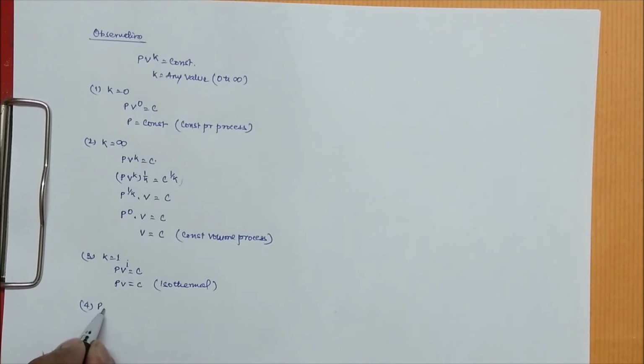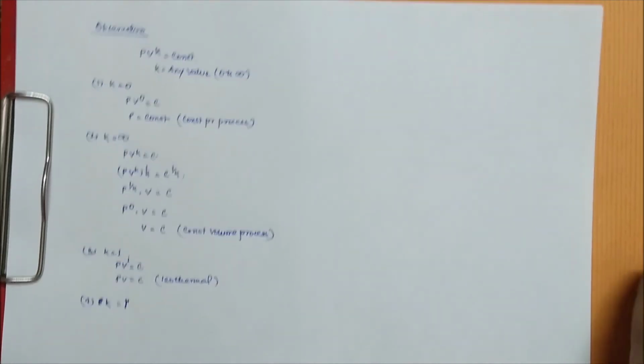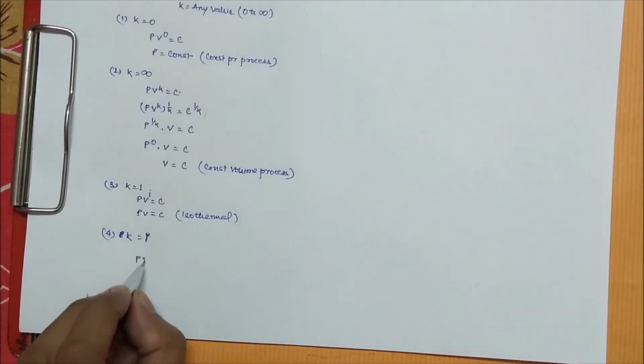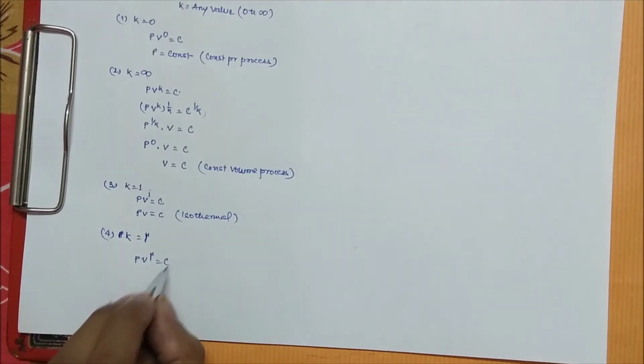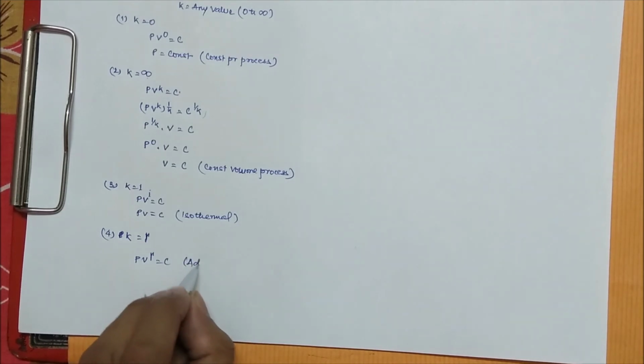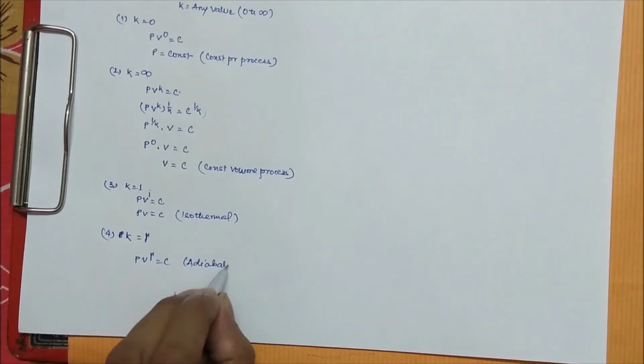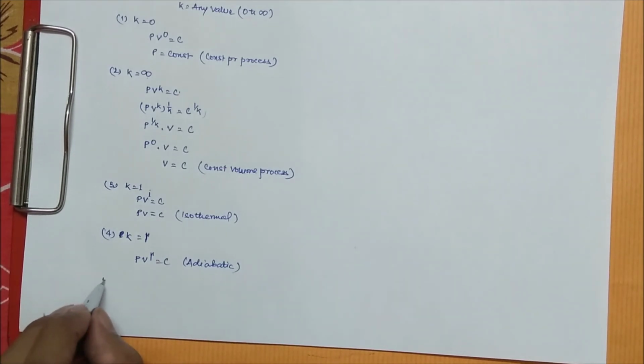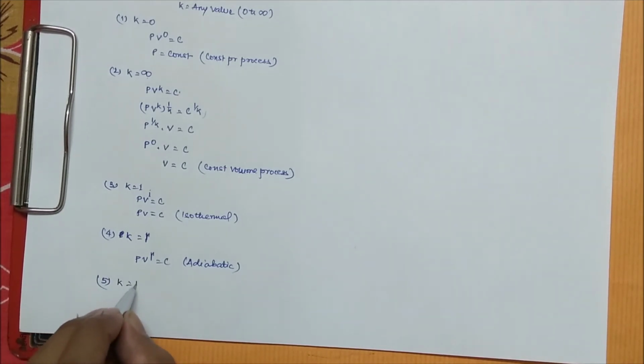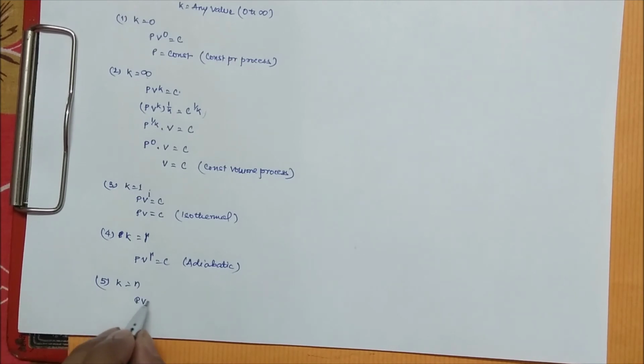Again, when k is gamma, that means P into V to the power gamma is constant. It is an adiabatic process. When k is equal to n, that is PV to the power n is equal to constant, it is a polytropic process.